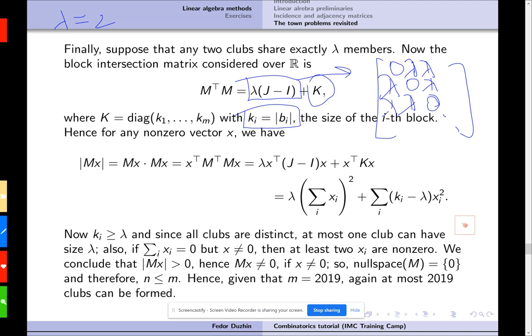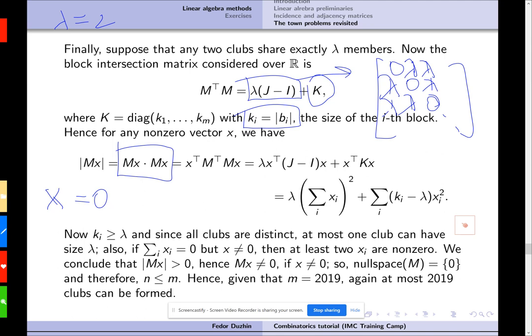But then the trick here is to take any non-zero vector x. Assume that x is a non-zero vector, and then we are going to compute the dot product of Mx and Mx. And then we will see that this dot product cannot be zero. There is an explanation that you can read. But then it really means the null space of M is just zero.